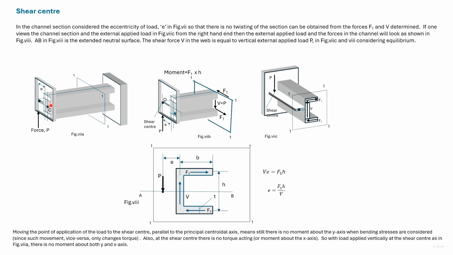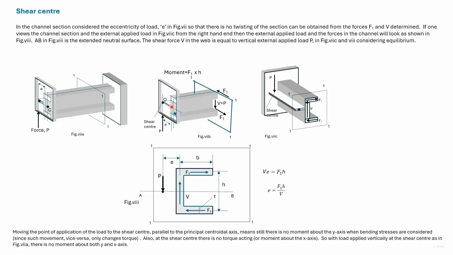Now, if we keep on moving the point where the vertical load is applied, we'll reach a point where, if the load is applied, there is no torque in section 1,1. The point where that line of action cuts the axis of symmetry is called the shear center.